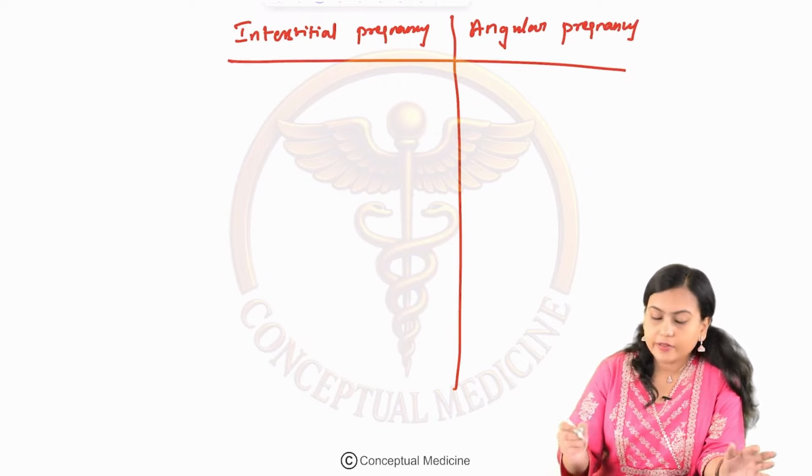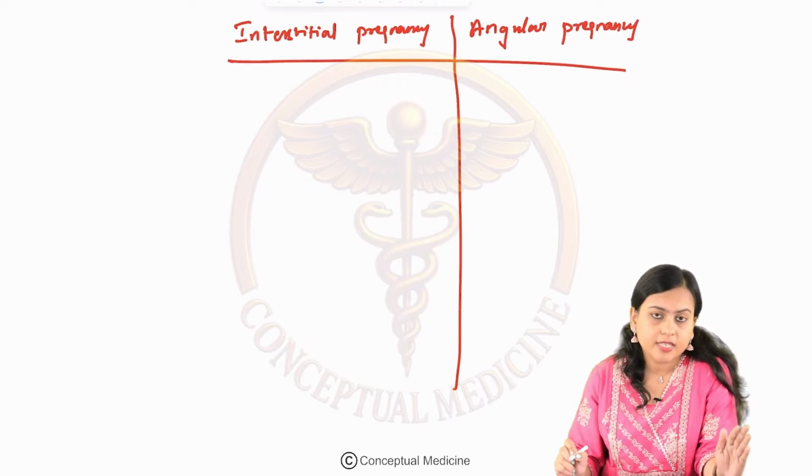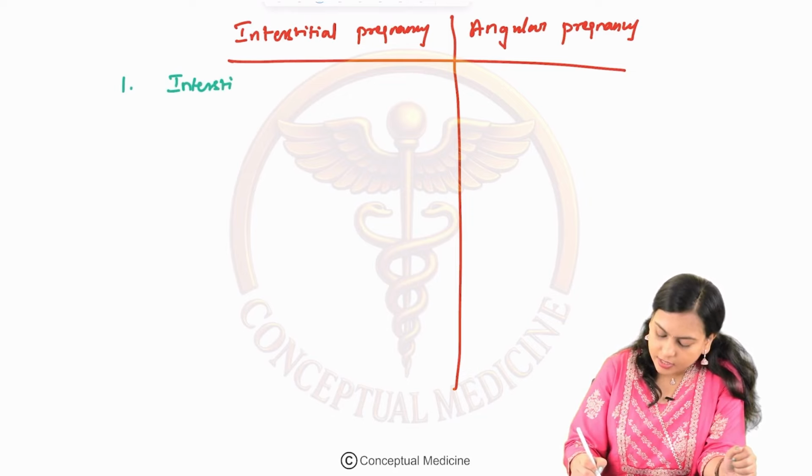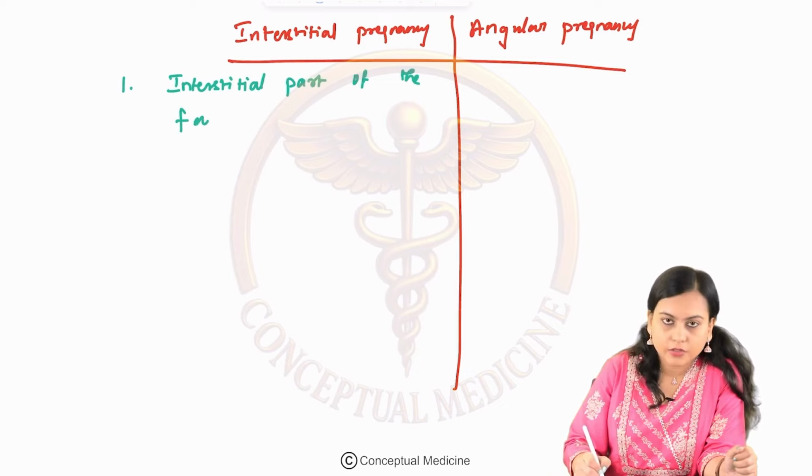Already we have seen interstitial pregnancy is a pregnancy which happens in the interstitial part of the fallopian tube.